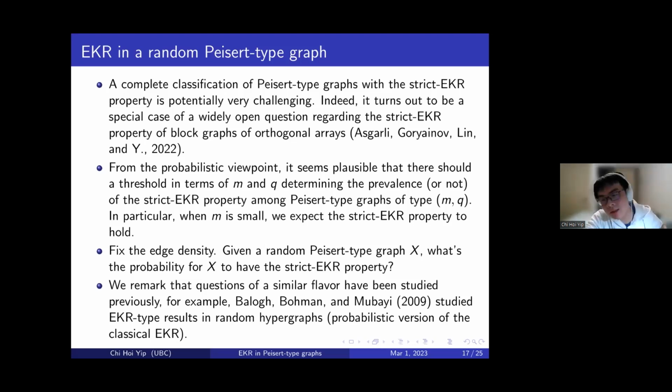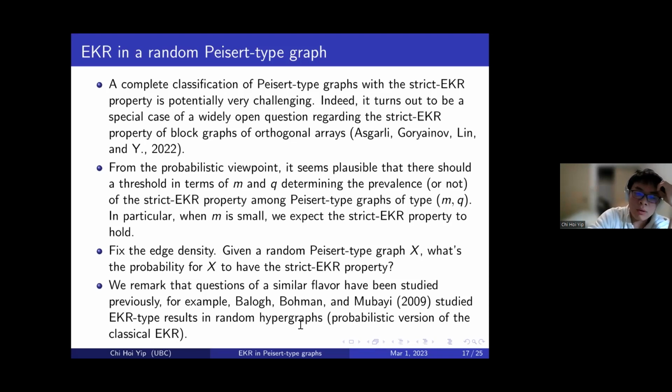I should mention that we are not the first ones to study the probabilistic version of the EKR type result. In fact, there are a lot of works related to the probabilistic version of the classical Erdős theorem.